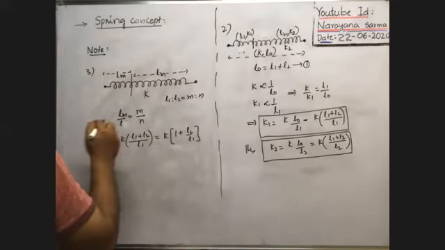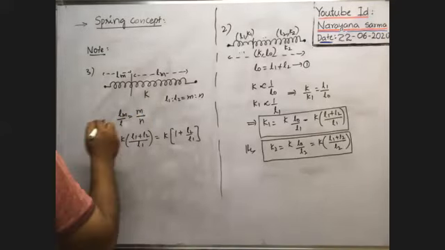Lm is the length of the mth part and Ln is the length of the nth part. Lm by Ln is equal to m by n.